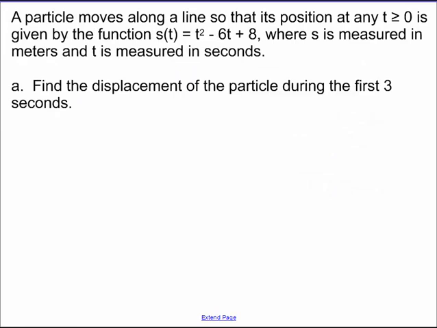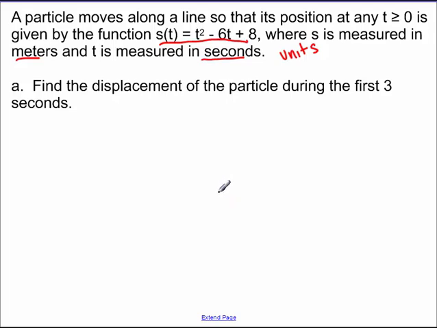In this example, a particle moves along a line, so that's position for any time t greater than 0 is given by this position function, where s is measured in meters and t is measured in seconds, so make sure you give me units. Find the displacement of the particle during the first 3 seconds.